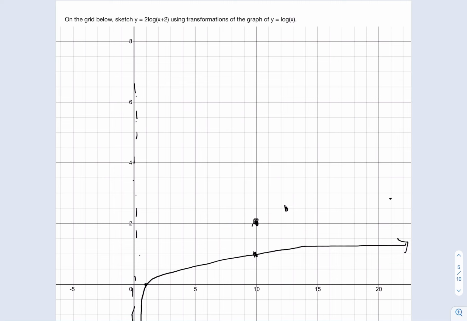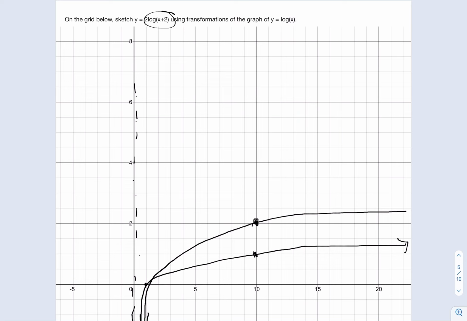I don't know the exact points, but it's going to look something like this. There's still going to be an intercept here at 2, and this is probably a bad approximation, but you would have actual better points to use. I did a bad question because this shouldn't be a base 10 log. It's kind of hard to draw, but you get the idea. So every point is doubled, and it's still going to come down and hit right there and go down to negative infinity, and it's never quite going to hit 0.